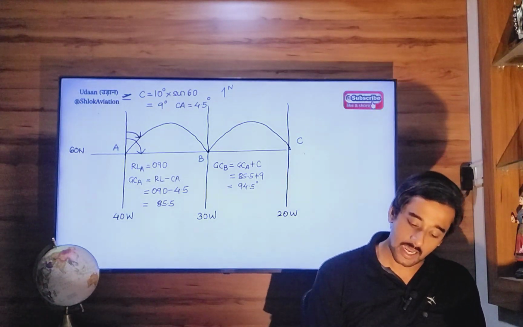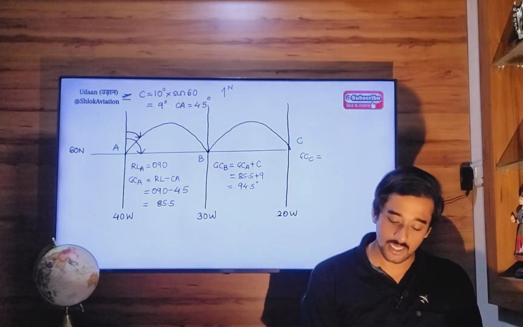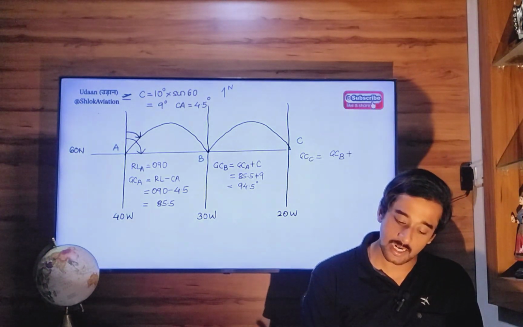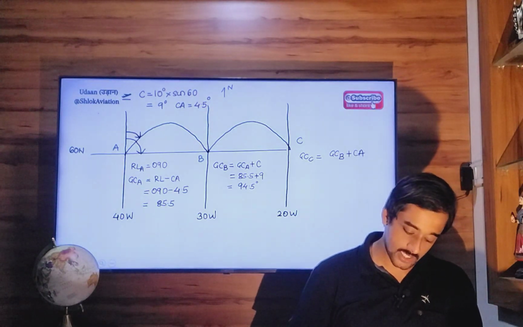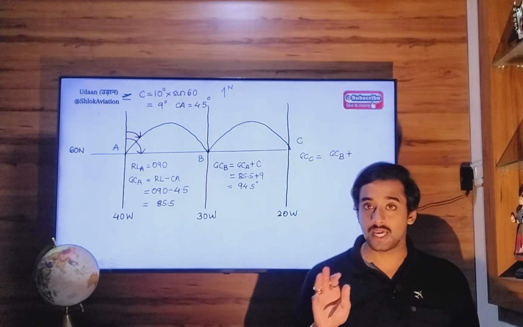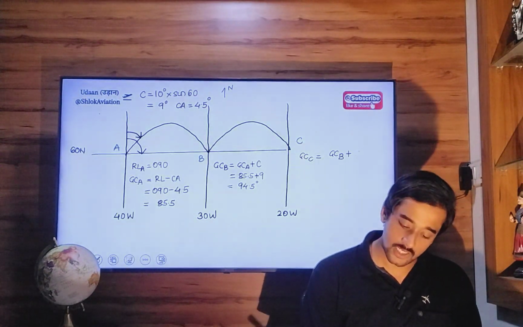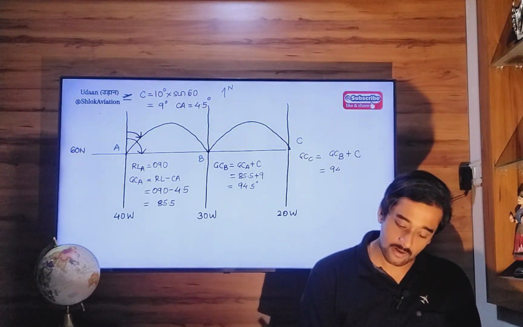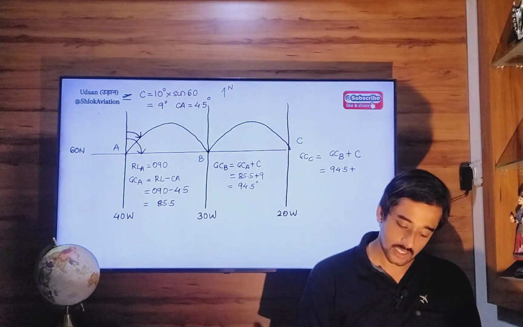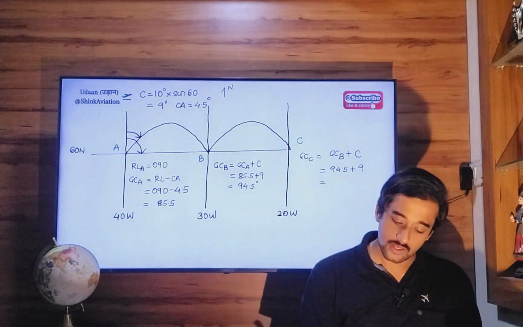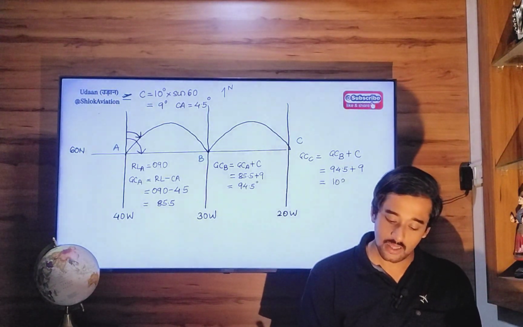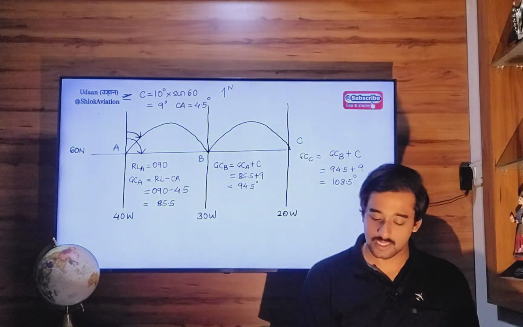Now great circle track at C. Again same concept, it will be more than great circle track at B by convergency. Convergency is the angle between two different great circle tracks. So 94.5 plus 9 degree, 103.5 degrees.